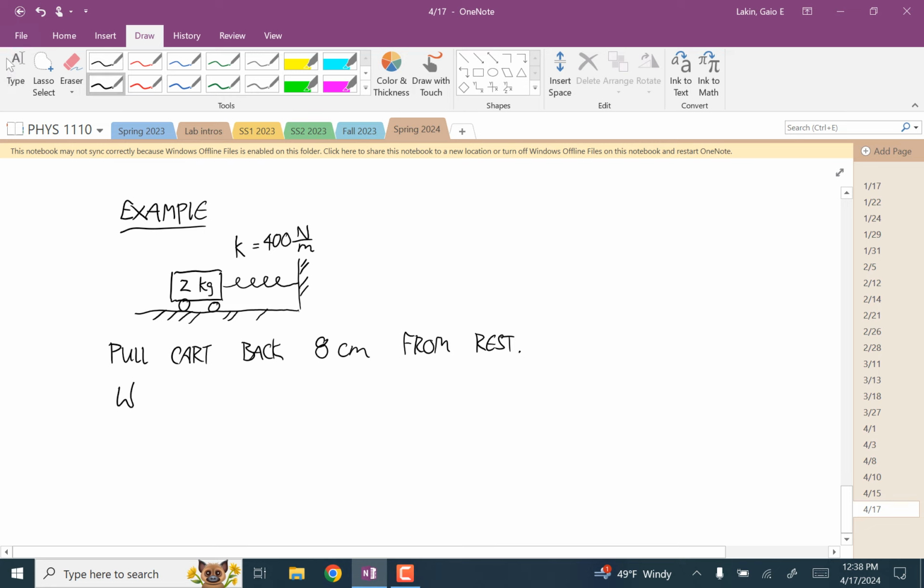And we want to know what's the speed of the cart as the spring moves past its resting length.